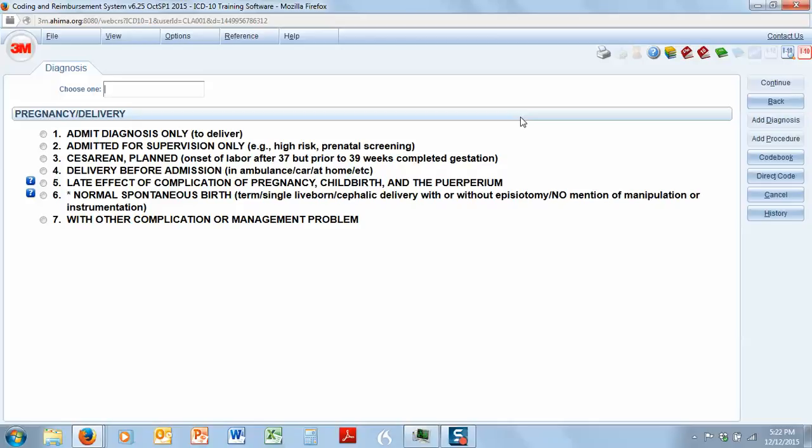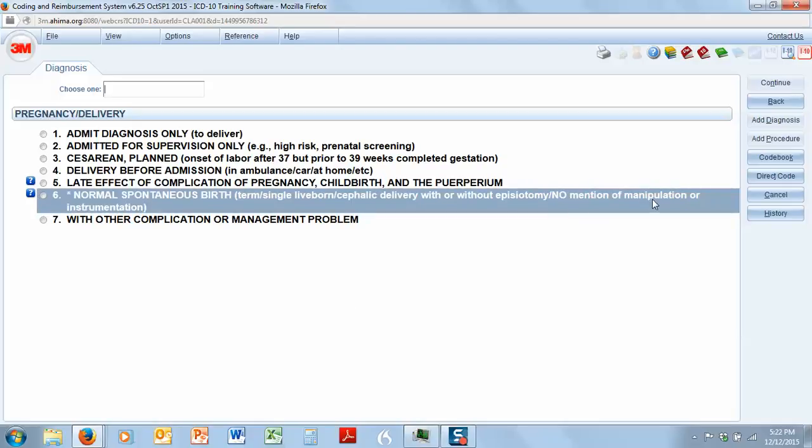Now, this is where it's going to be important for you to make sure you read those non-essential modifiers, because what does it say immediately following that? Term, the baby was term. Single live born, the baby was single live born. Cephalic delivery with or without an episiotomy, which means that the baby did come head first. However, what's the next one? It says no mention of manipulation or instrumentation.